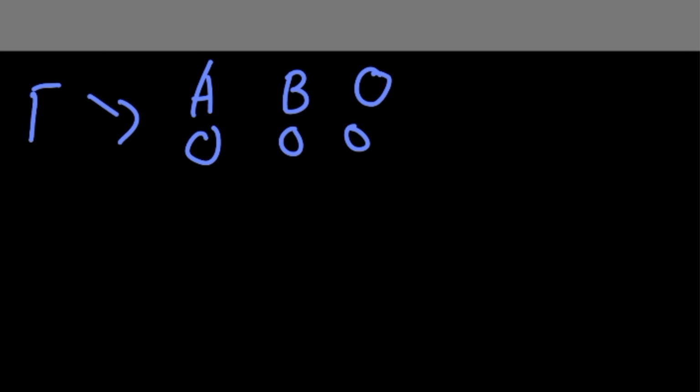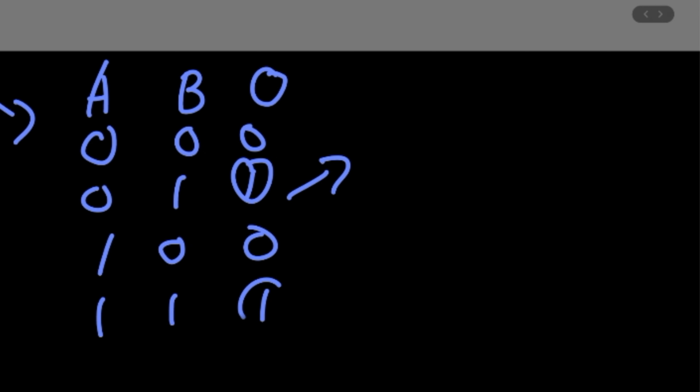Let's first make a K-map of 2 variables. First, a truth table, A and B with output. As there are 2 variables, there will be 4 outputs: 0 0, 0 1, 1 0 and 1 1. That is our truth table.